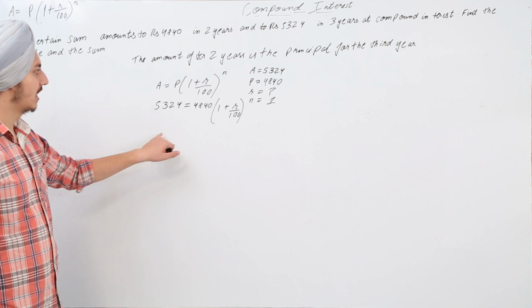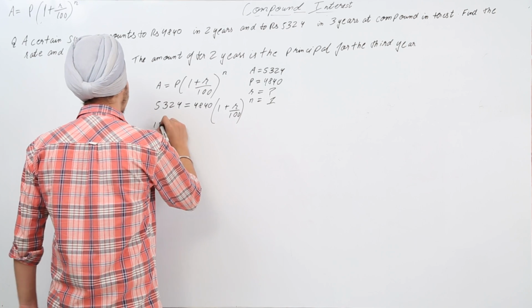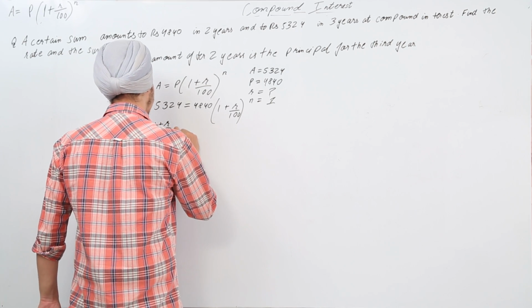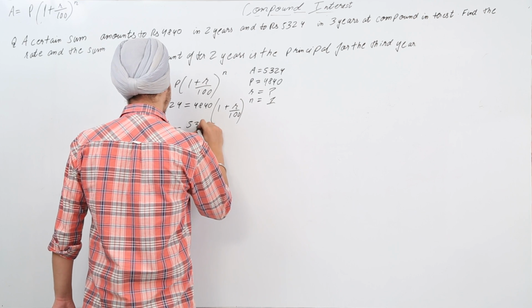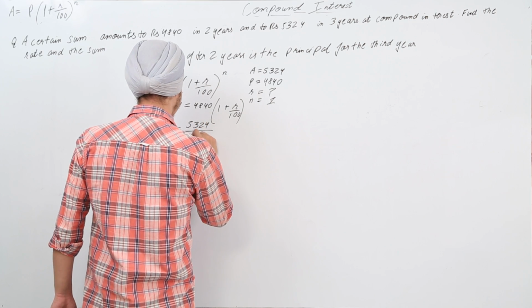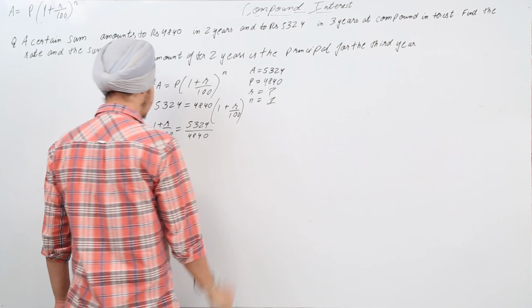So 1 plus r by 100 is equal to 5324 upon 4840.